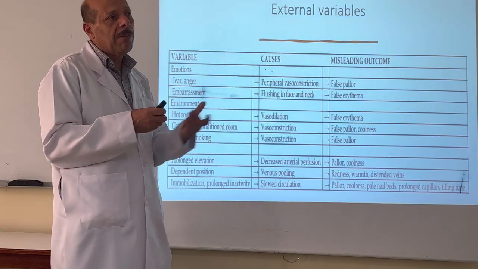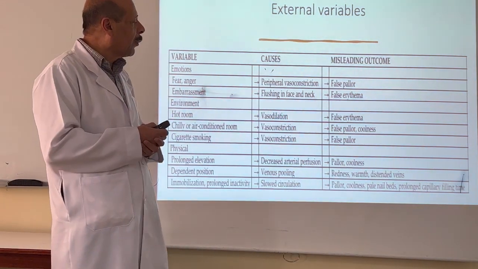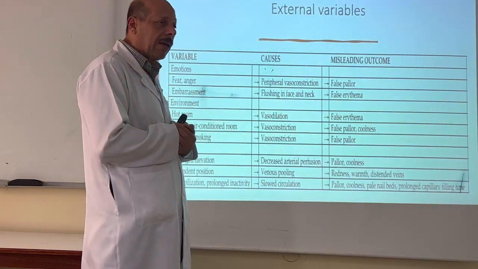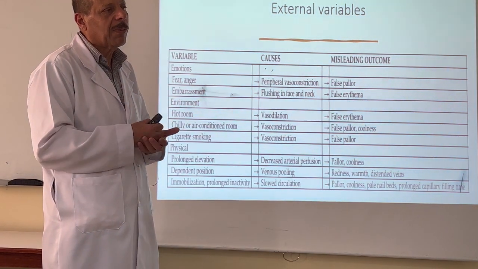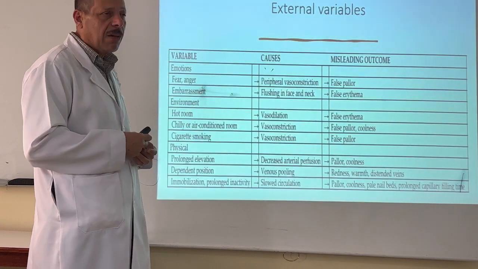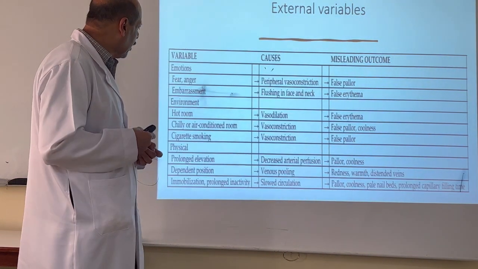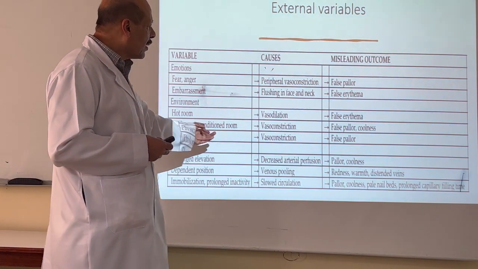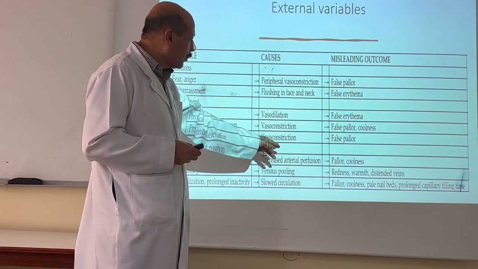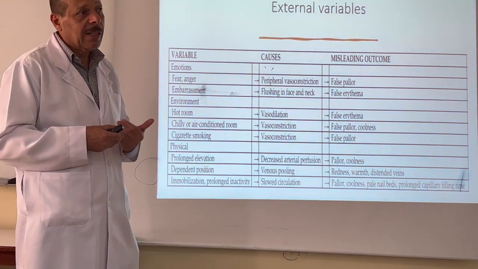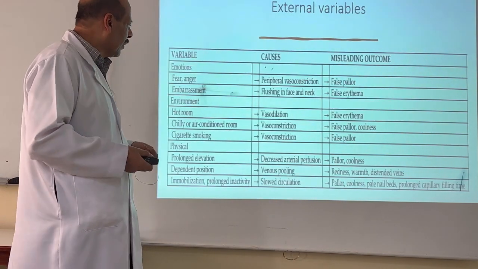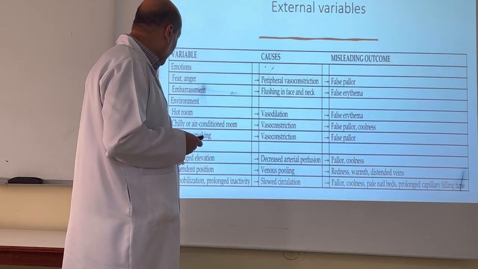That also might confuse us with the coldness of the skin, that there is something related to the maintenance of body temperature. Cigarette smokers, vasoconstriction will lead to discoloration, and by the way, it will lead to abnormalities later.